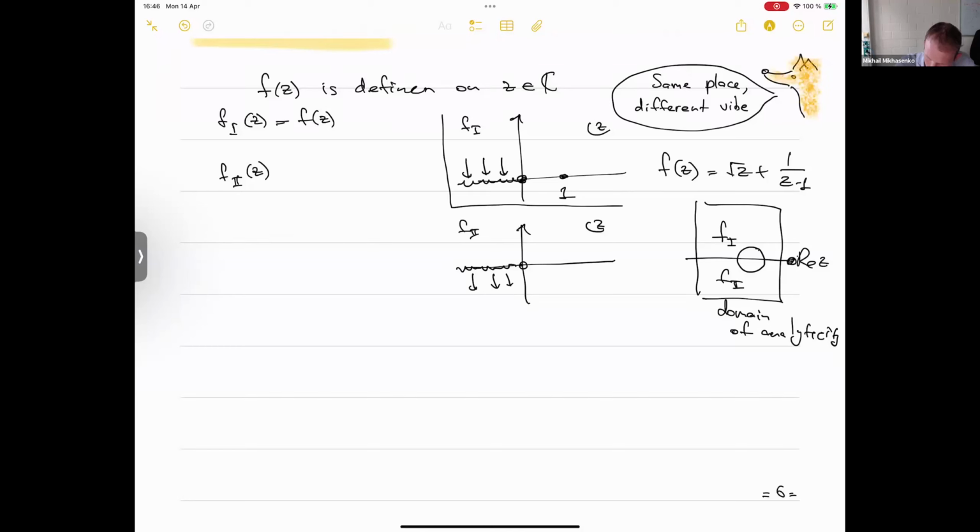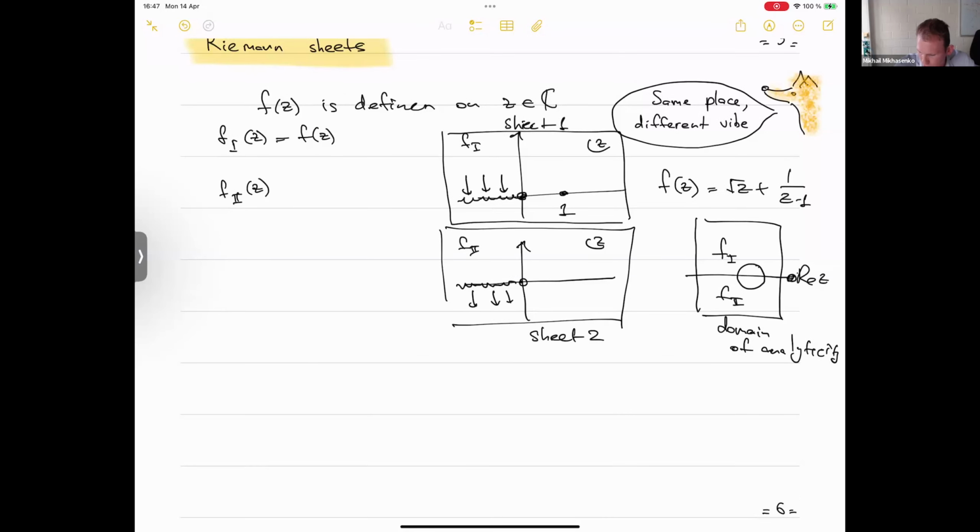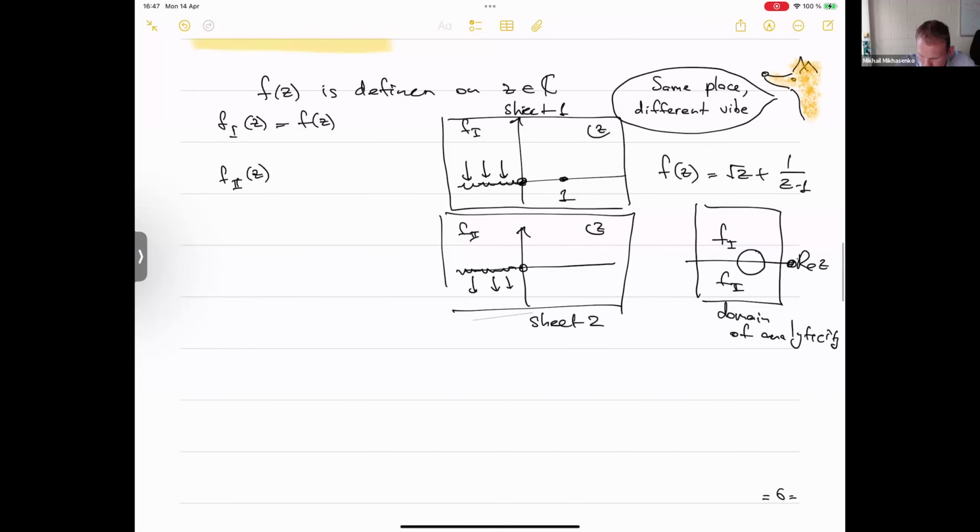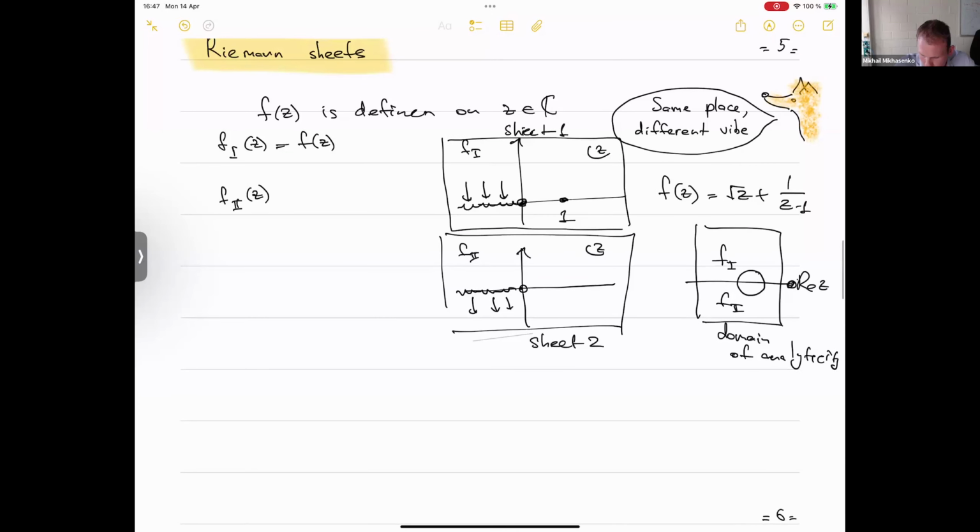The first picture is called sheet 1, and the second picture corresponds to sheet 2. They are actually sheets of the same function, the original function f. Sheet 1 is where you don't need to do anything: you just compute the value everywhere on z, and this gives you the whole complex plane covered with the values where you evaluate your function.